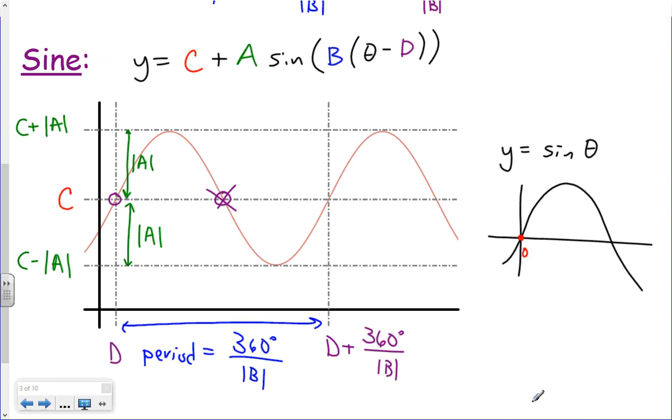That's at x equals 0. So just like we talked about with cosine, what we're actually doing with that phase displacement is figuring out how far I am translating that point right there. So that's why I'm looking for that point here on my sketch. Got to cross the sinusoidal axis, and I got to be increasing. Or in other words, I got to cross the x-axis there on the parent function and be increasing.